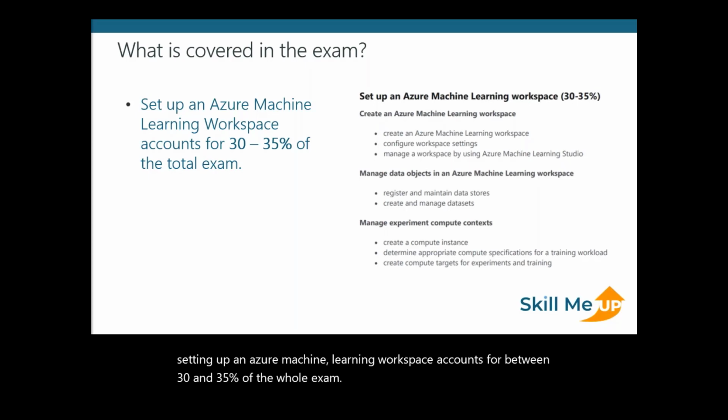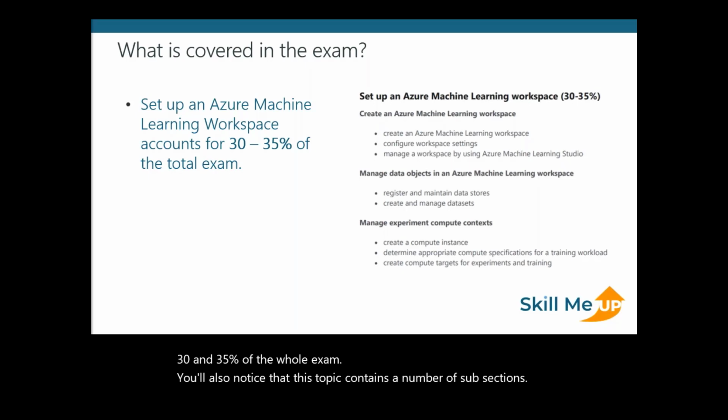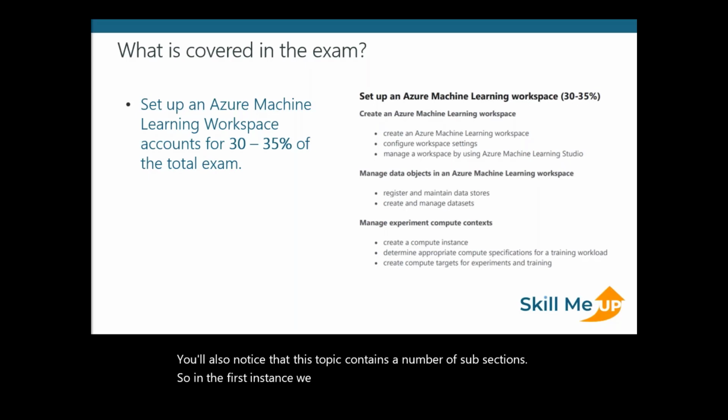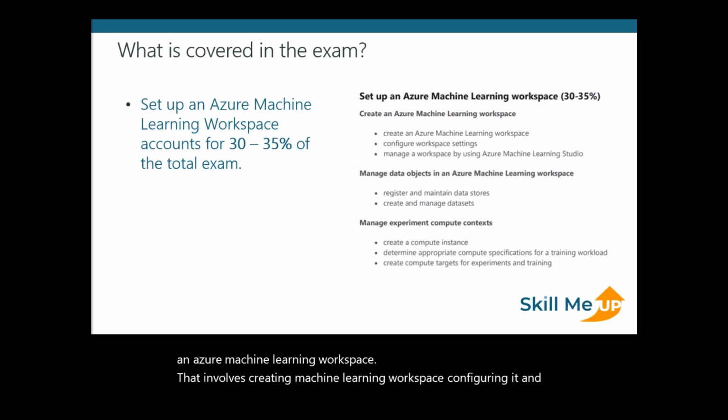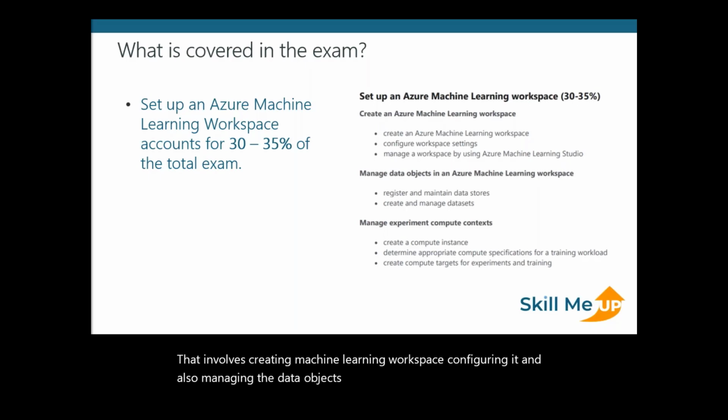You'll also notice that this topic contains a number of subsections. In the first instance, the first item is how we create an Azure Machine Learning Workspace. That involves creating a machine learning workspace, configuring it, managing the data objects in the workspace, and also managing the compute experiment contexts.